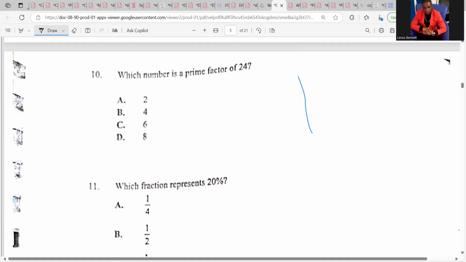Which number is a prime factor of 24? Remember what a prime factor is? Correct, Sakina. Prime factor of 24. Correct, Anderson, Sakina. No, that's not Anderson, that's Danilo. Israel, correct.